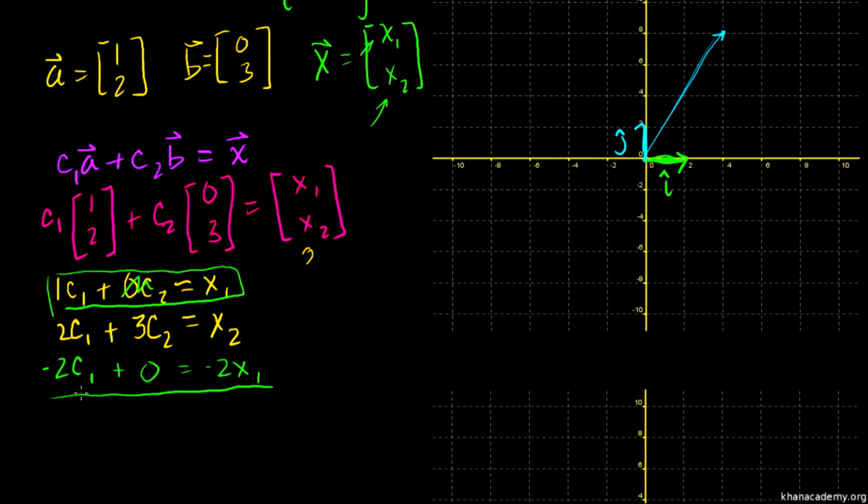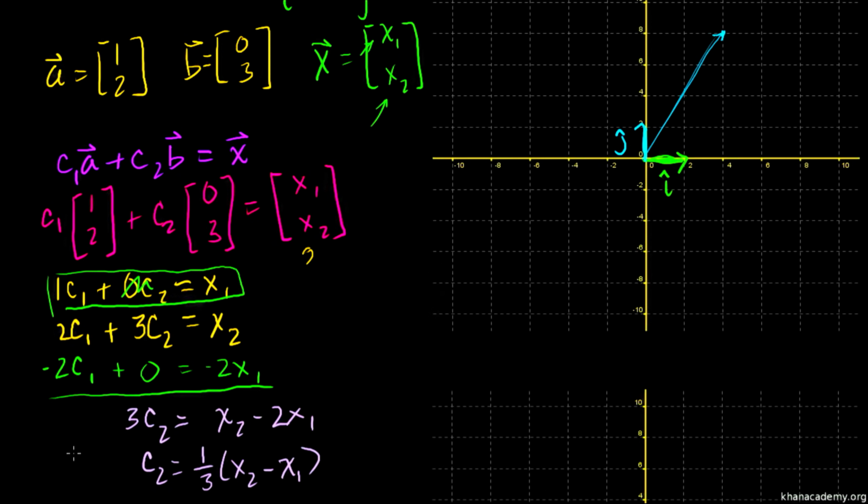And then you add these two, these cancel out, and you get 3C2 is equal to x2 minus 2x1. Divide both sides by 3, you get C2 is equal to 1/3 x2 minus x1.